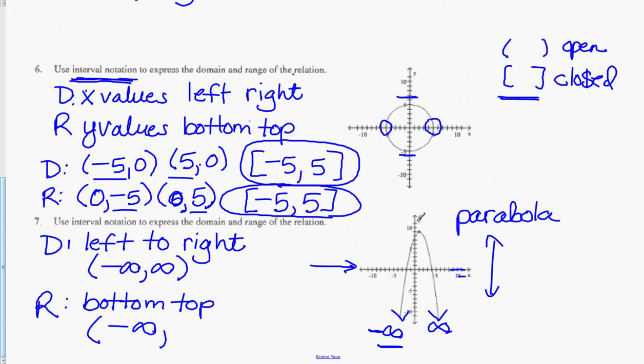Well, on this particular parabola, look at my top point, and we need to figure out the ordered pair for that top point. Well, it looks like it is 1, 9. That's the ordered pair. And the y value for that ordered pair is the 9. So that means I'm topping out at 9. Now, on that graph, there was not an open circle up there at the top, so it's going to get a bracket for your interval notation.